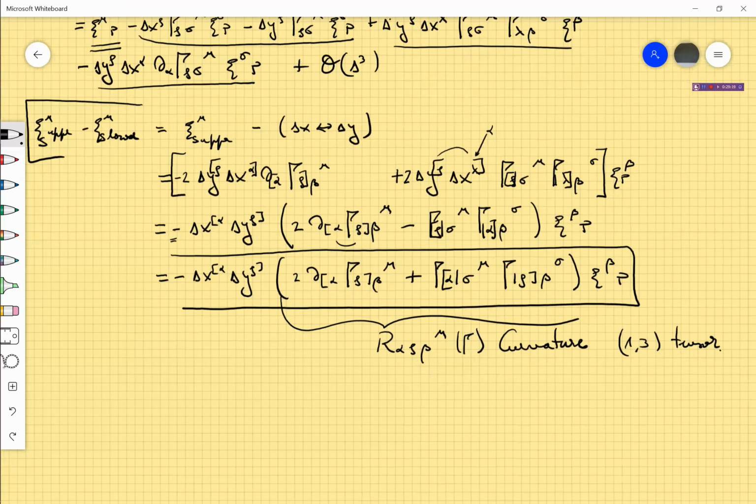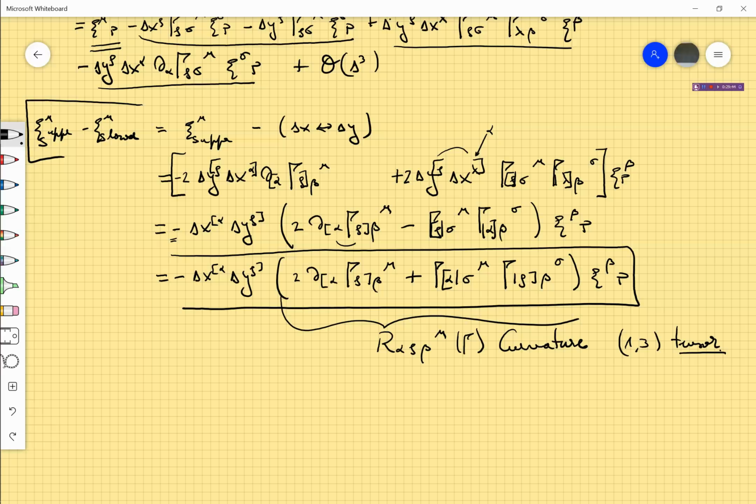Well, I have said tensor, but if you look at this definition, you will say, oh my god, gamma the connection is not a tensor, and I have products of something which is not a tensor, and partial derivatives, not even covariant derivatives of something which is not a tensor. So chances are that this will not be a tensor. Well, you can prove that this is a tensor, and you can do it in two different ways.